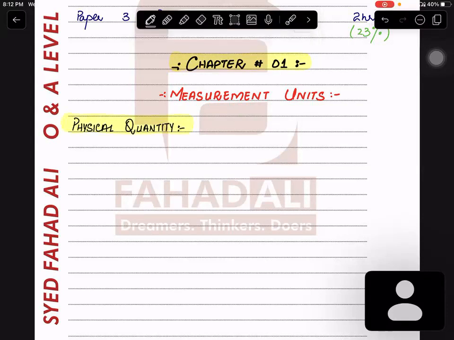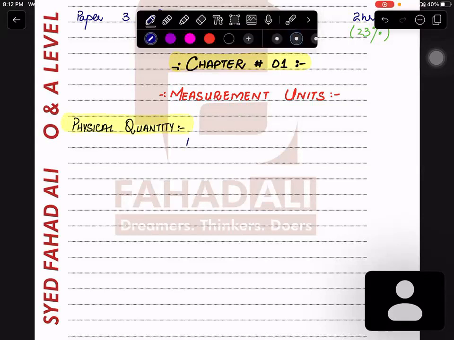Aiza and Fatma? Any measurable quantity, it can be tangible, it can be intangible, is referred to as a physical quantity.